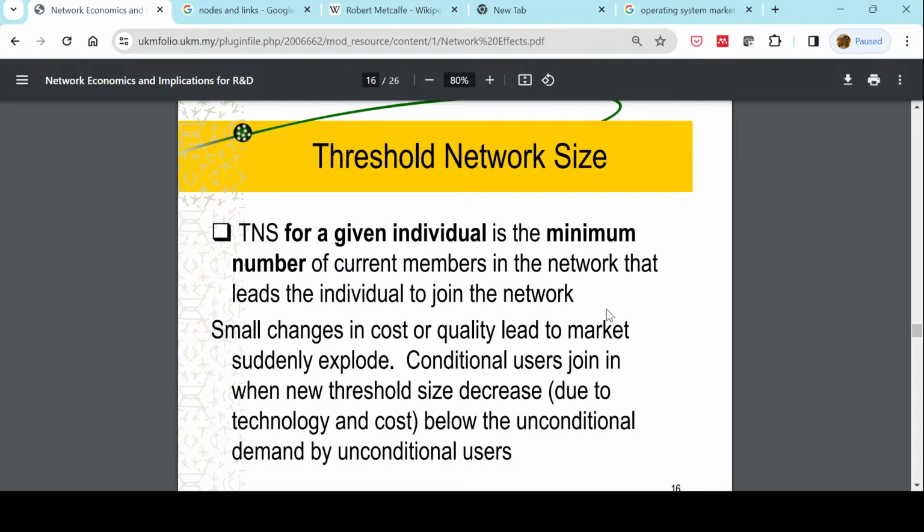The conditional user will join in, will go to that gathering. In our case here, we're talking about will buy a product. A conditional user will buy a product, will purchase a phone, a technology product, because network effects have to do with technology products. They will purchase a product when the threshold size decreases due to technology or cost. Due to technology, as I mentioned just now, they offer better specs, better features, like the kambing bakar example.